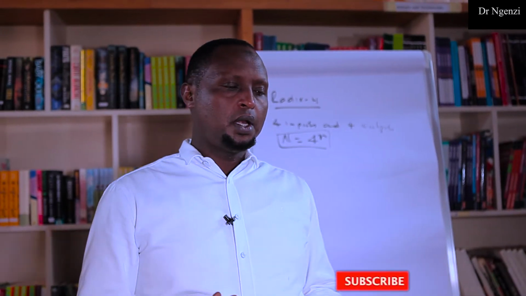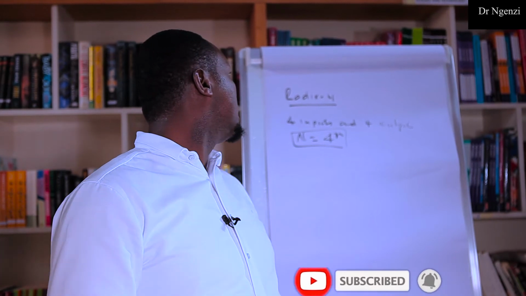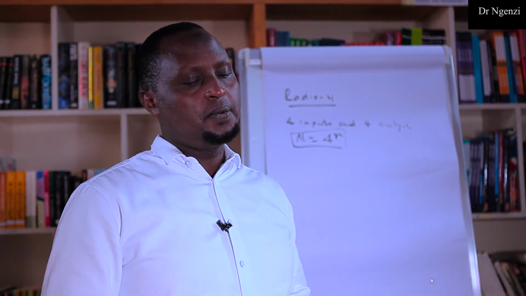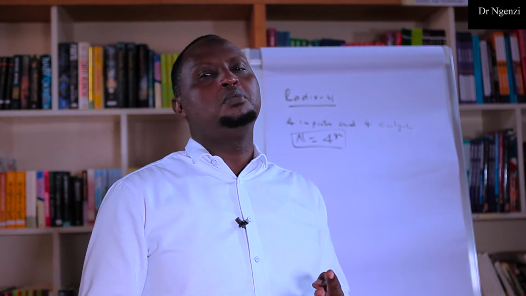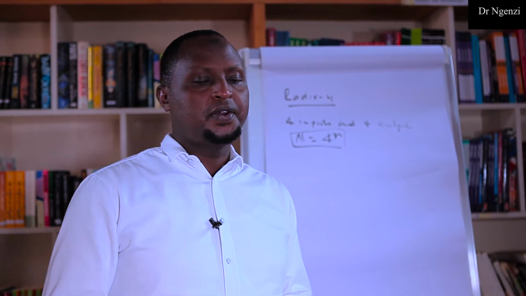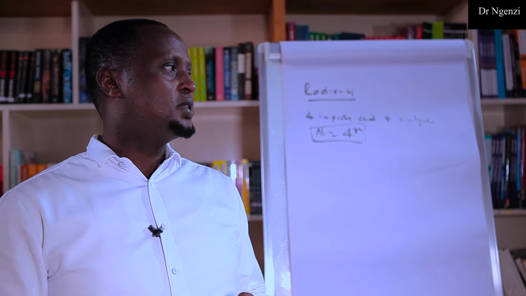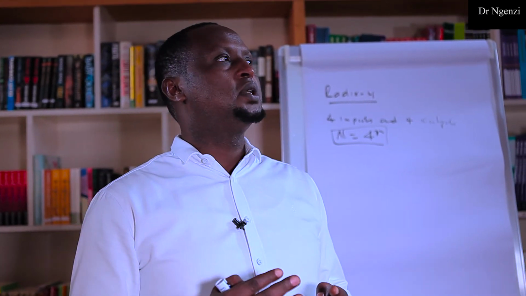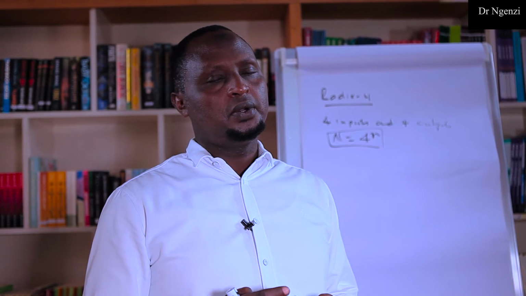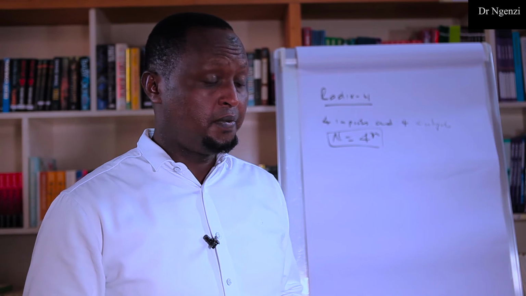So we are going to see the examples of both the RADIX-2 and the RADIX-4. Of course, they are almost similar, but the difference being that for the RADIX-2, there are 2 inputs and 2 outputs, whereas for the RADIX-4, it is 4 inputs and 4 outputs.